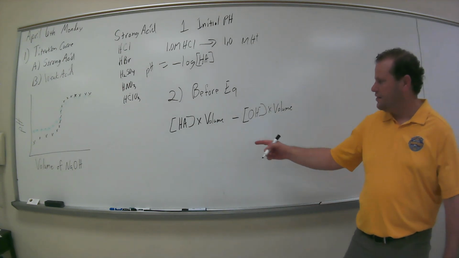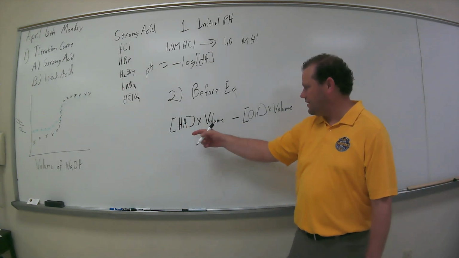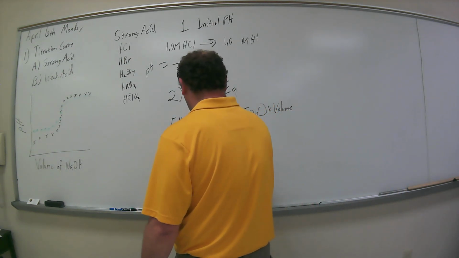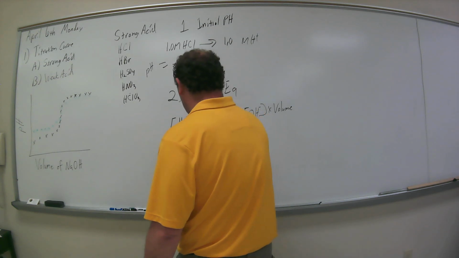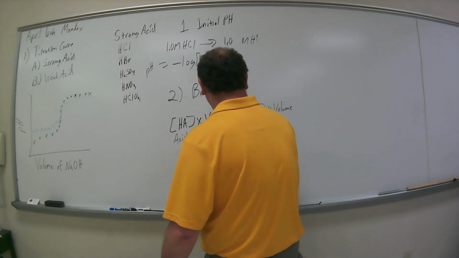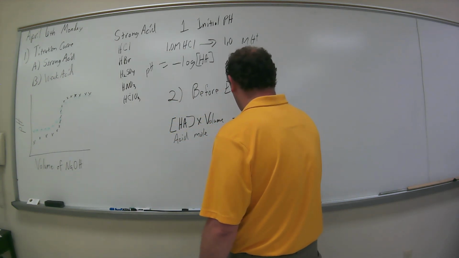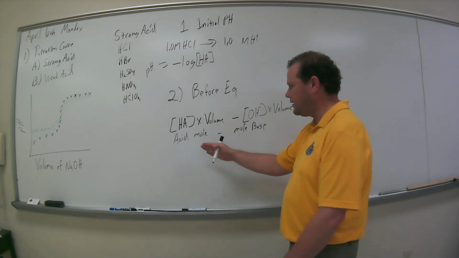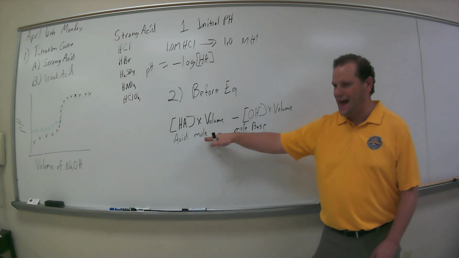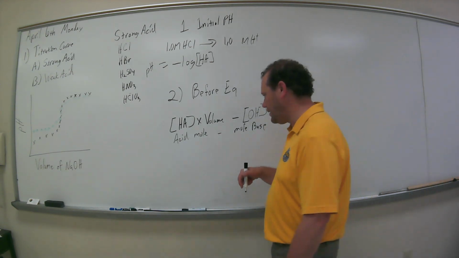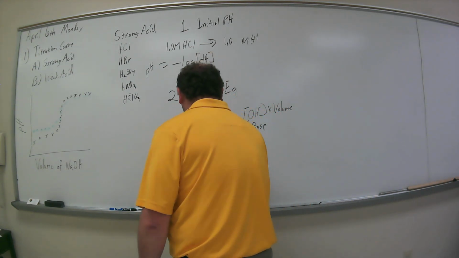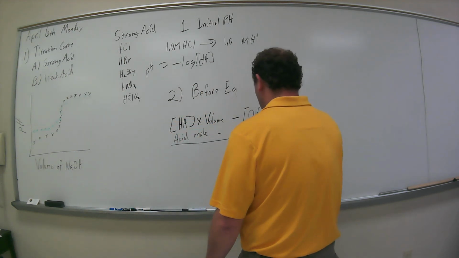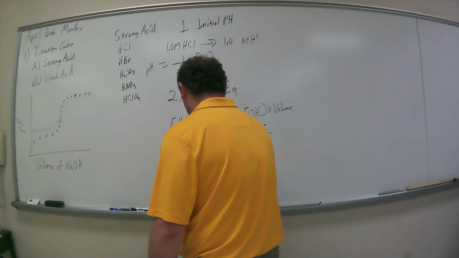When you multiply concentration times volume, this really gets you moles. So we have moles of our acid minus moles of base. Really what we talk about is how much acid is left over. We take this difference and divide it by the total volume.